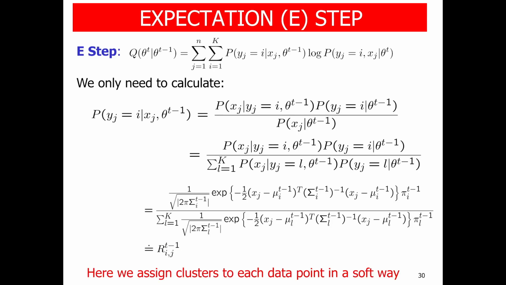The intuitive meaning of this distribution is that here we try to assign a cluster label to point xj, but we do it in a soft way. For each cluster i, there are some probabilities that xj belongs to cluster i, and these probabilities have to sum to 1.